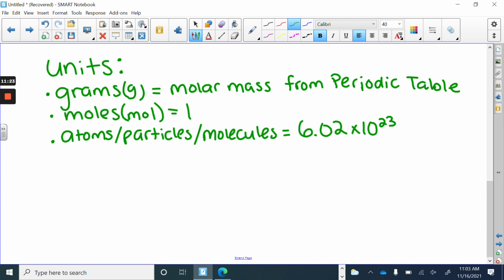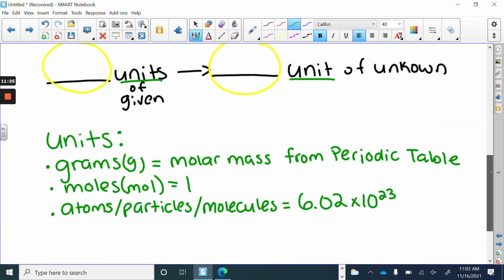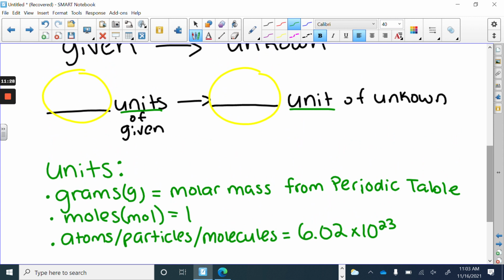This is how you find the numbers that go in the blanks where the yellow circles are. That is the only numbers that you should ever put in the yellow blanks. Okay, do not use the numbers from the given or the unknown, right? And that's how we do unit conversions, guys.